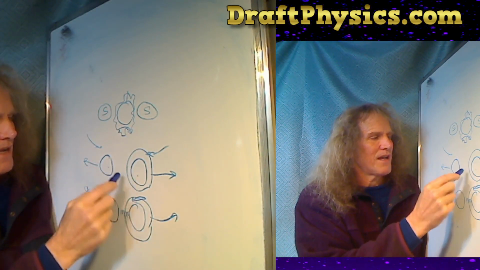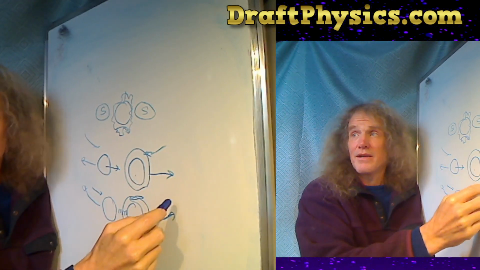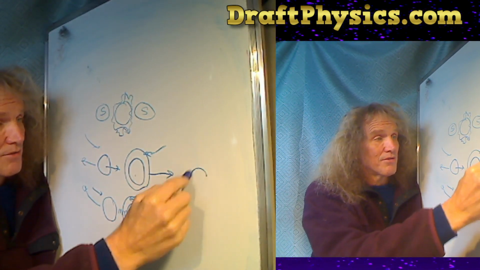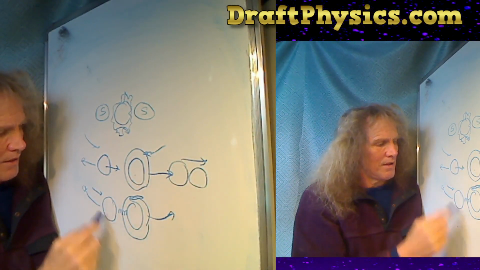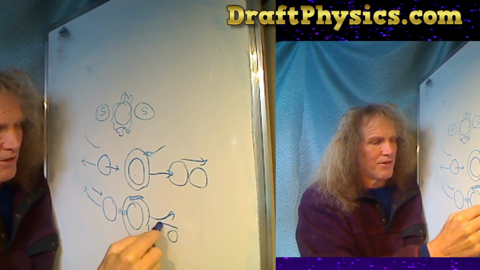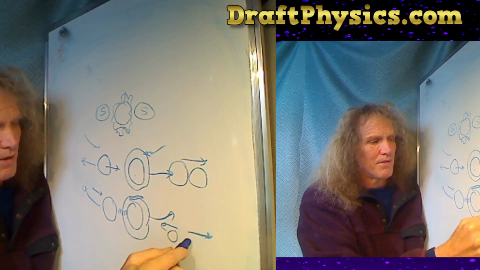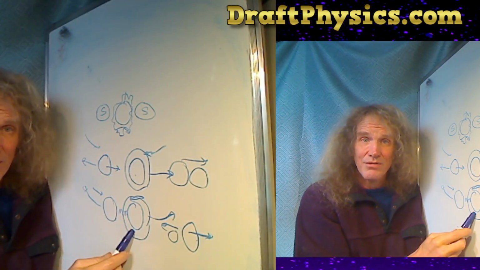The outcome will be the big object and the small object leaving in the same direction. And in this spring case, the little thing will be going that way and the big thing will be going that way.